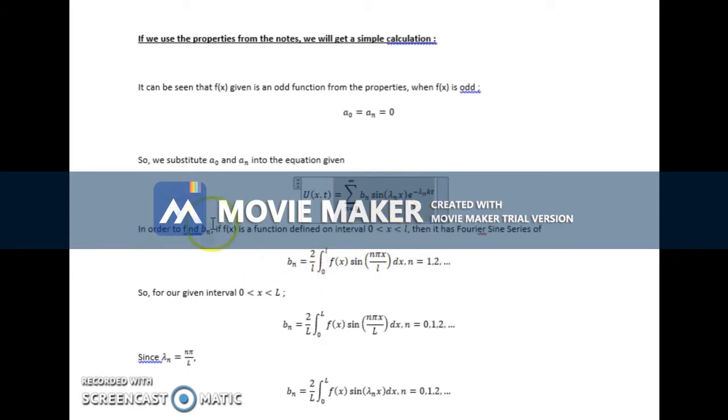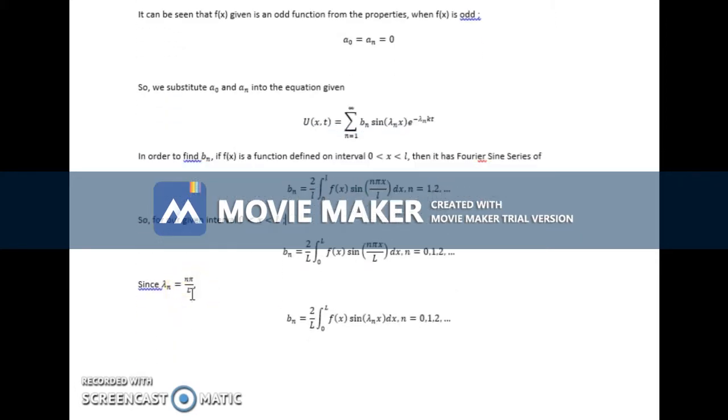In order to find bn, if a function is defined on the interval x between 0 and L, then it has a Fourier sine series where bn equals 2 over L integrate 0 to L f(x) sine n pi x over L in terms of x.